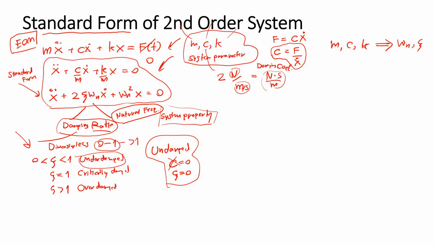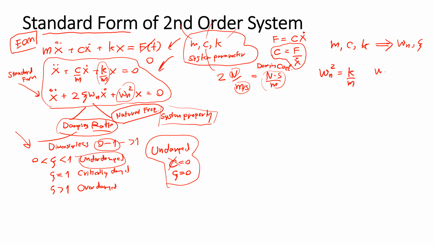If we consider this term, first, omega n, natural frequency square, needs to equal k per m.